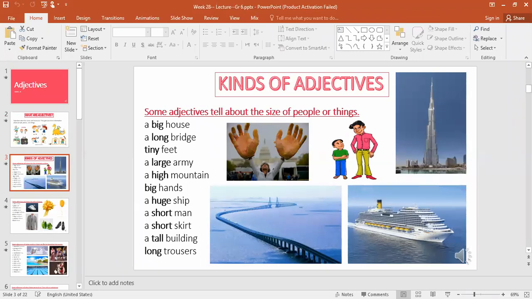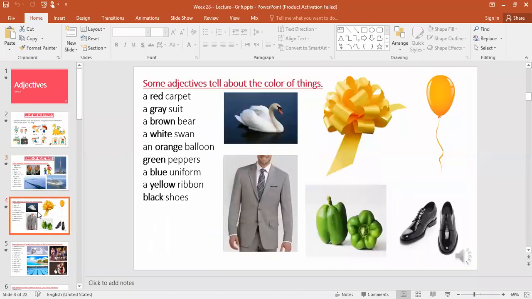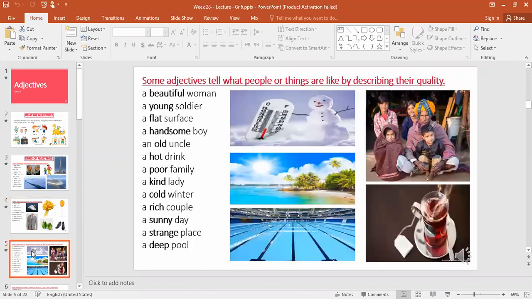Then the second kind is the adjectives of color, which are the colors themselves and describe the color of something. Then the third kind is the adjectives of quality, which tell us the state of something, or the kind of something, or the type of something.